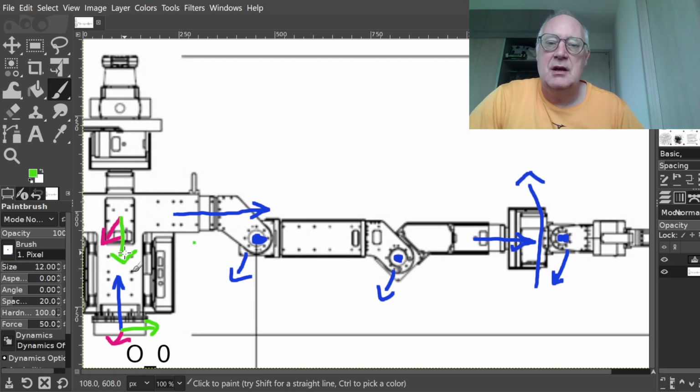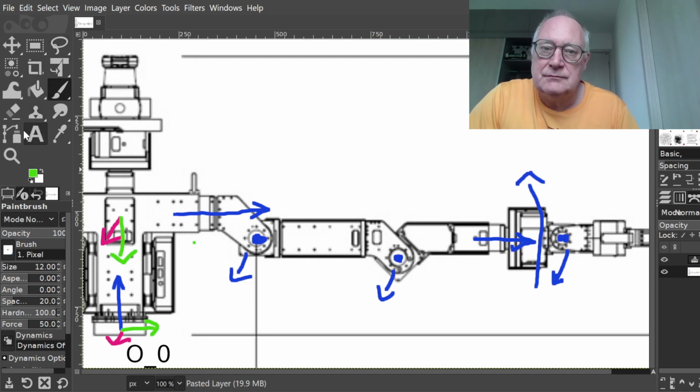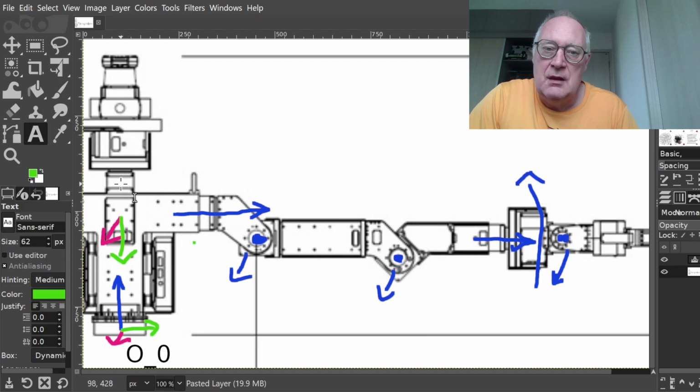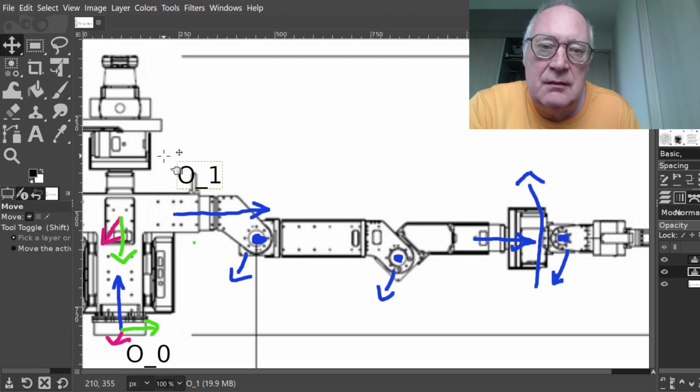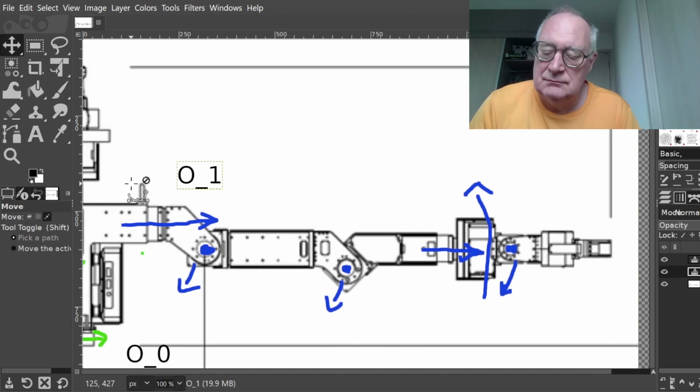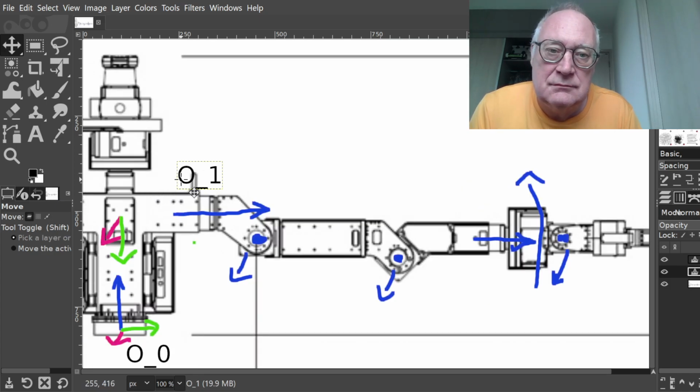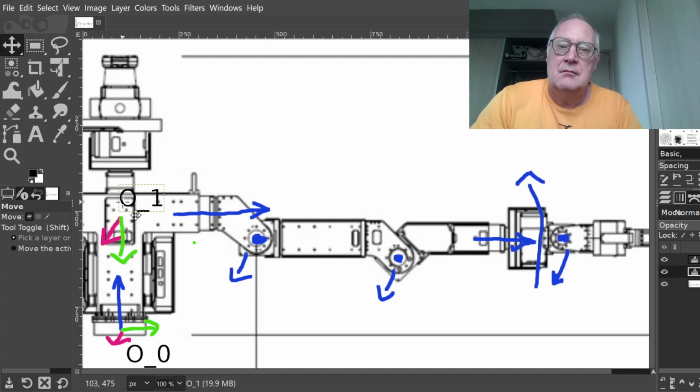So now y would be pointing downwards, and this would be the origin of our coordinate system O1. O1 would be here, in this case.